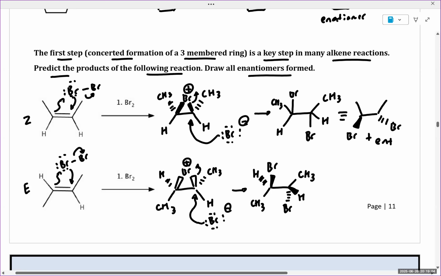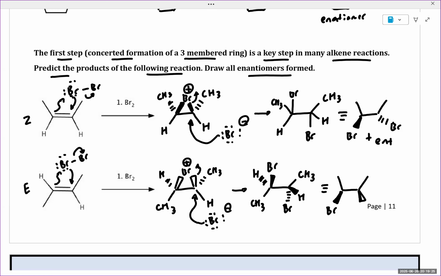Now, before you go and put plus enantiomer on here, if we rotate our carbon-carbon bond, this is equivalent to the following depiction. Now, does anyone see a problem with putting plus enantiomer here?